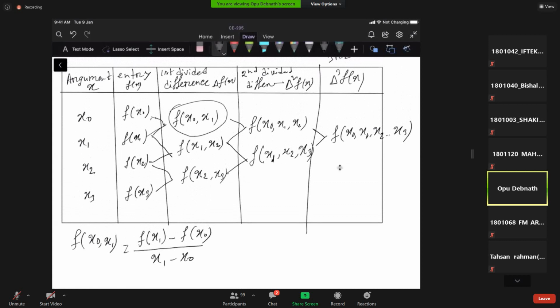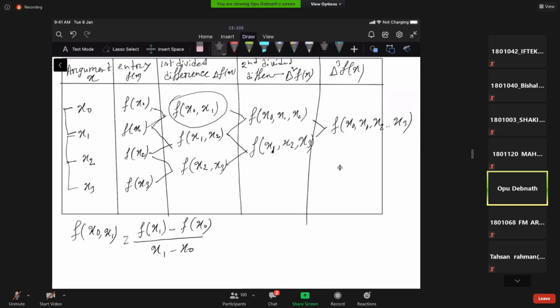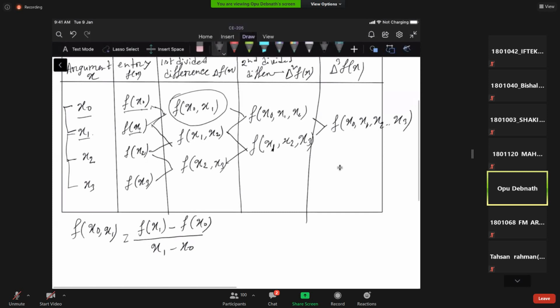As there is no equal step, instead of h we use x1 minus x0. Similarly, f of x2, x3 is simply f of x3 minus f of x2 divided by x3 minus x2.